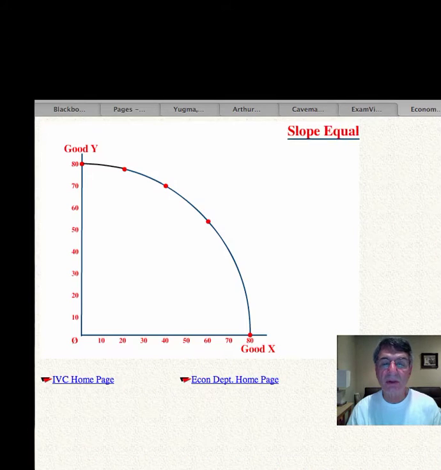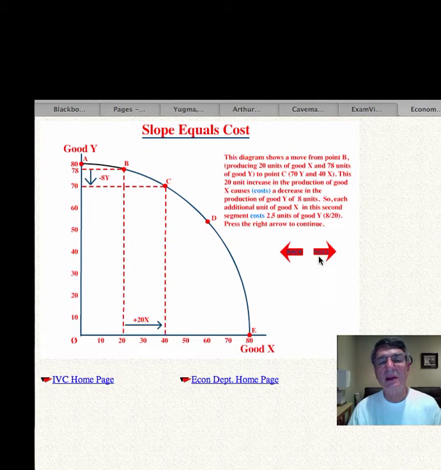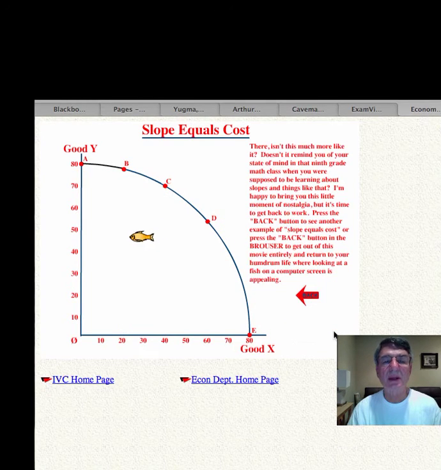Slope and cost, there's a beautifully fleshed out little example here of the relationship. Why is this? It really explains why this graph is outward bowed. It's because of the law of increasing cost, but this thing explains it. And you can click on any section and then it has a very complete explanation. Oh, look, that's weird.